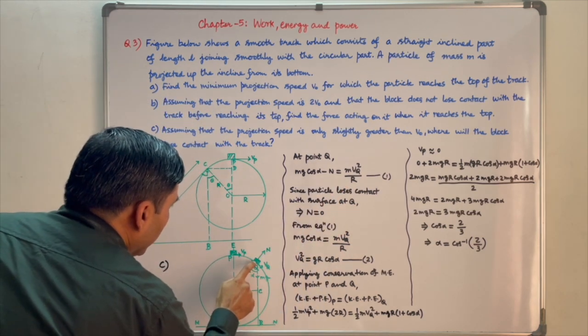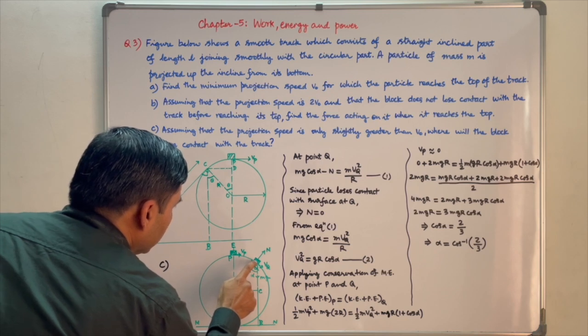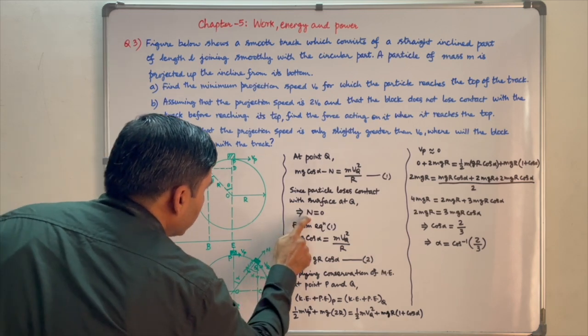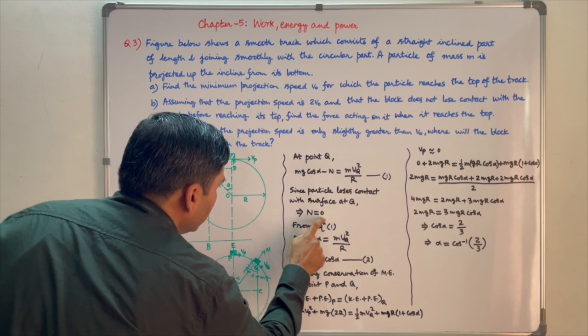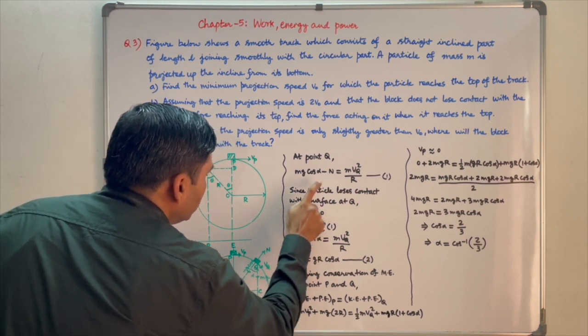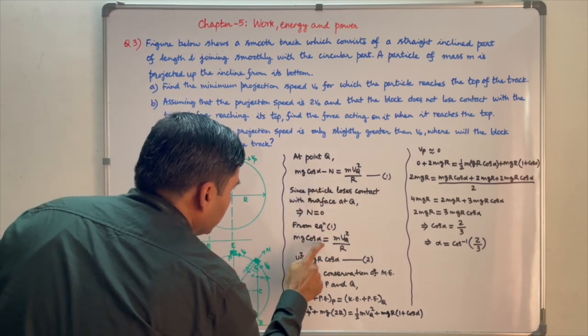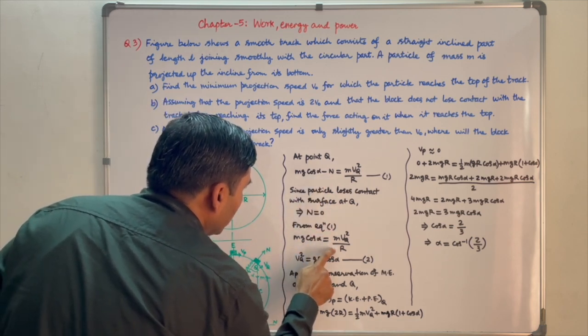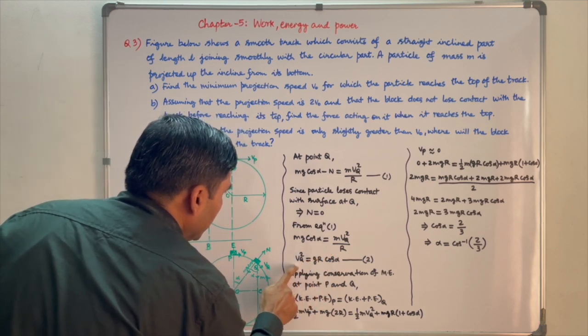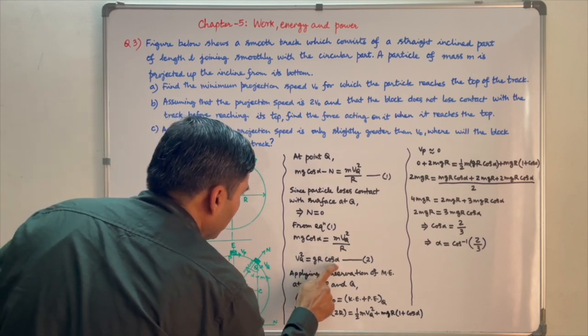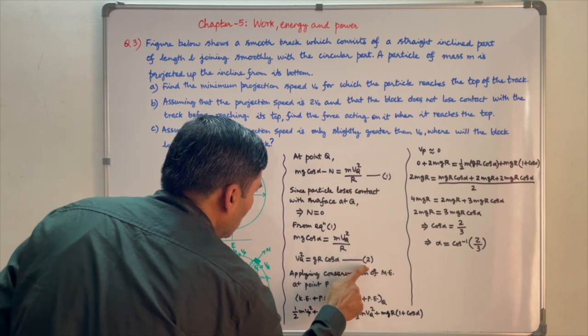At point Q, the particle loses contact with the surface. That means normal reaction N will be equal to 0. Putting N equal to 0 gives mg cos alpha is equal to mVq² upon r, or Vq² is equal to gr cos alpha. Suppose this is equation number 2.